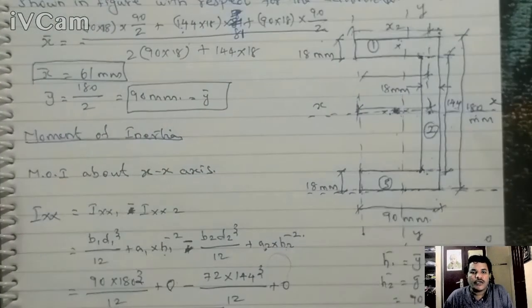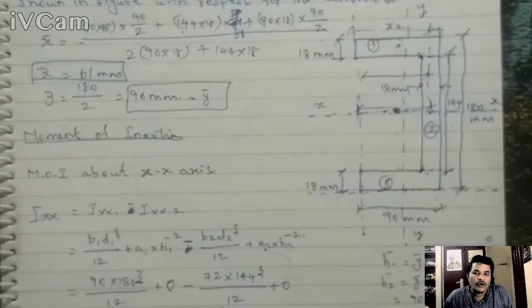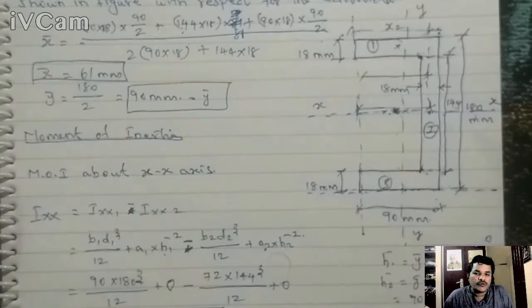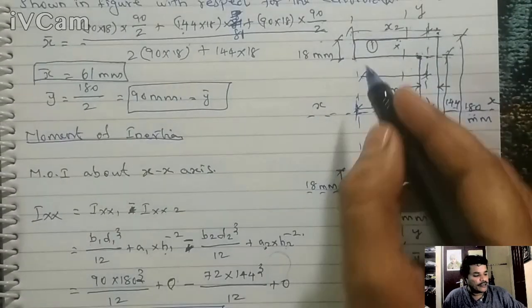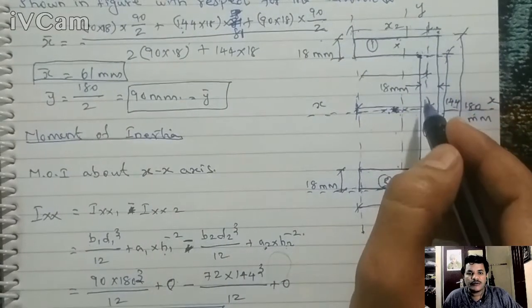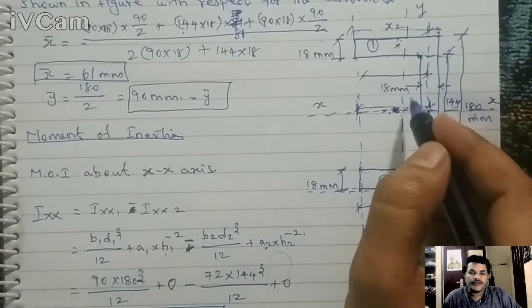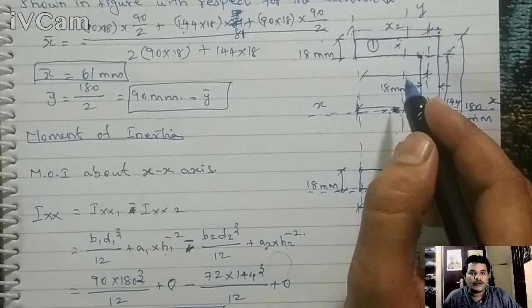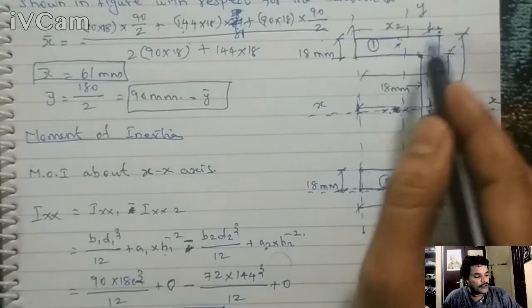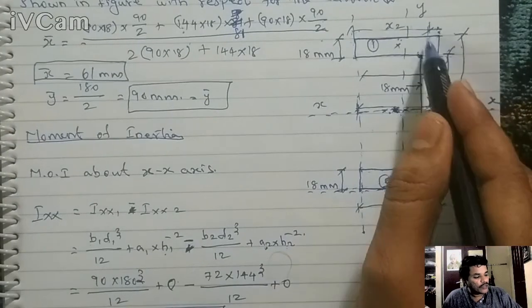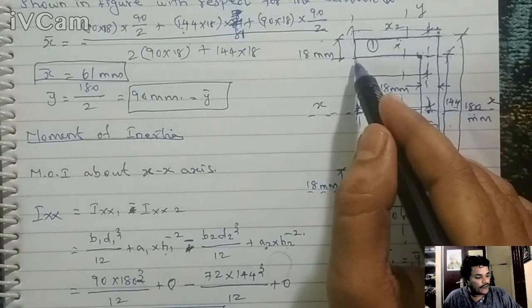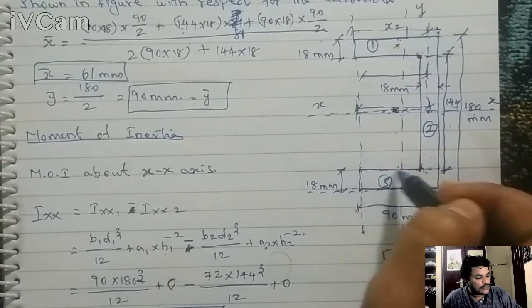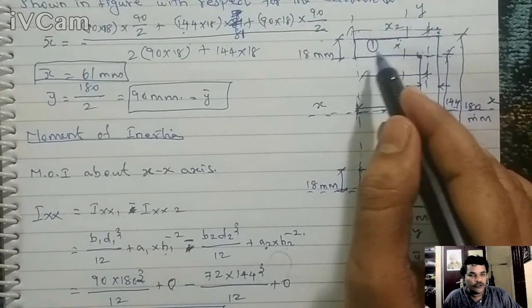So for a C section or channel section, you can use this kind of method. Instead of calculating Ixx1 plus Ixx2 plus Ixx3 for every separate section and then adding all three, you can take a big rectangle, take the moment of inertia of the outer box, and subtract the inner box, and you will get the channel section.